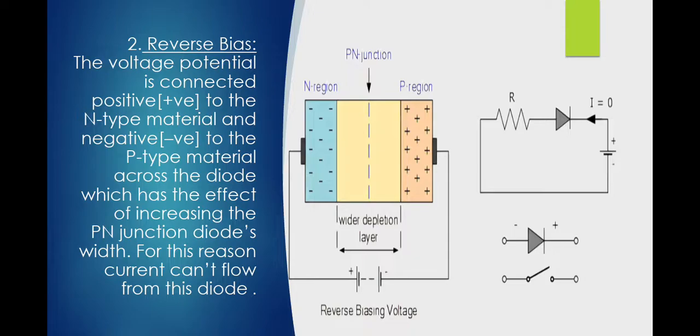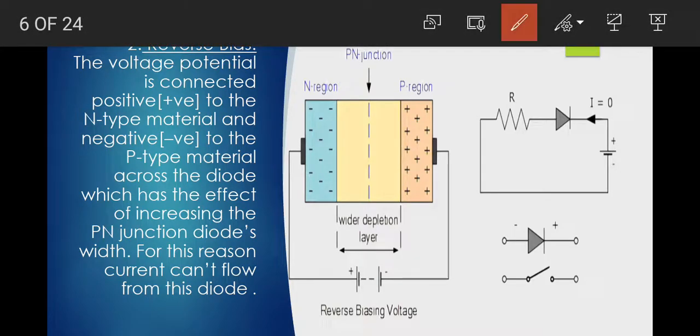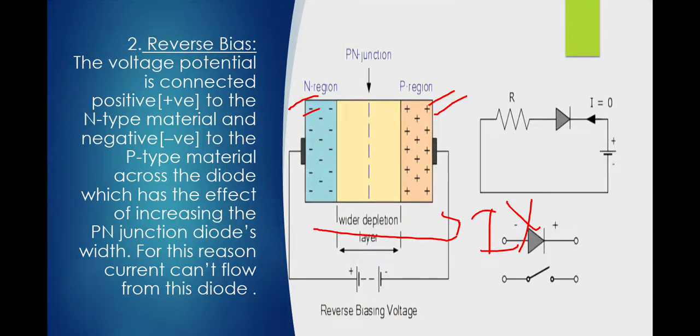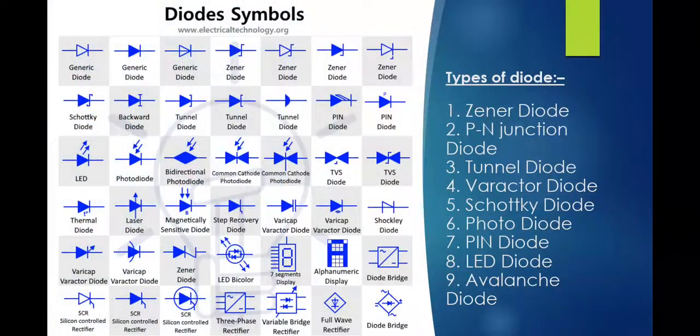Clear? Because of that, the width between the n-type and p-type starts increasing, and current cannot flow easily through it. Clear? Very good.